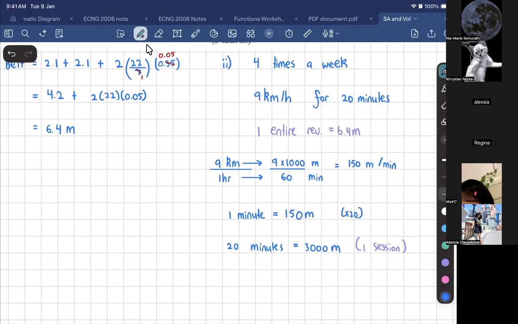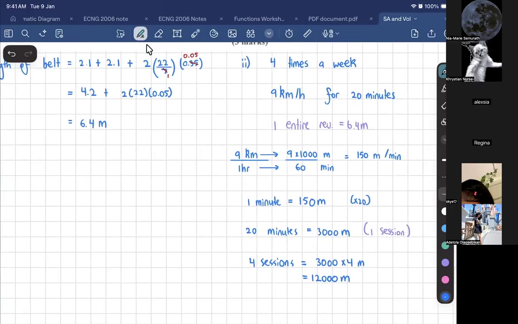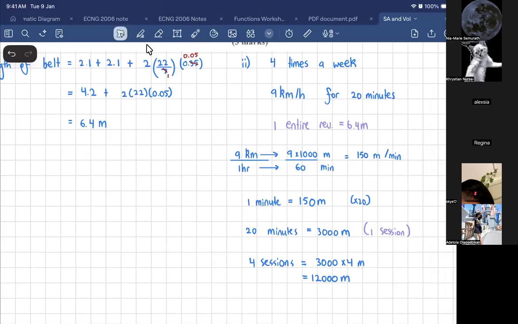So, if that is the case, then in 4 sessions, she would have covered how much distance? 12,000. 3,000 by 4. Yes, 12,000 meters. And so now we could piece this thing together, right? For the 4 times in a week, all together, what distance is she covering? 12,000 meters. Right.